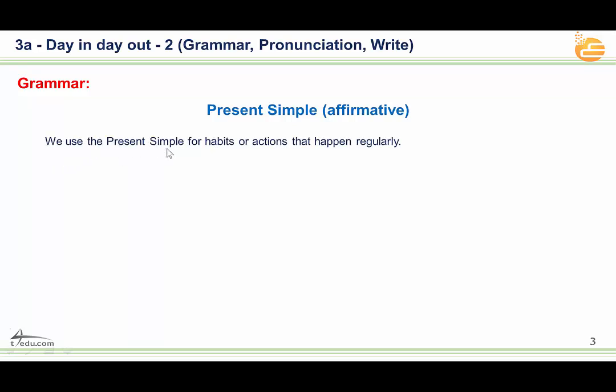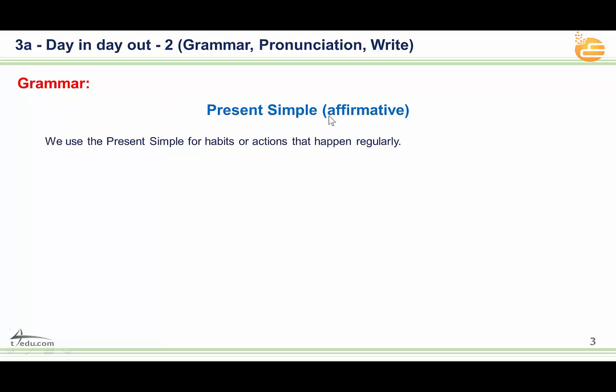We use the present simple for habits or actions that happen regularly, something that happens all the time, for example every day, every week, every month, every year. So we have to use the present simple tense.